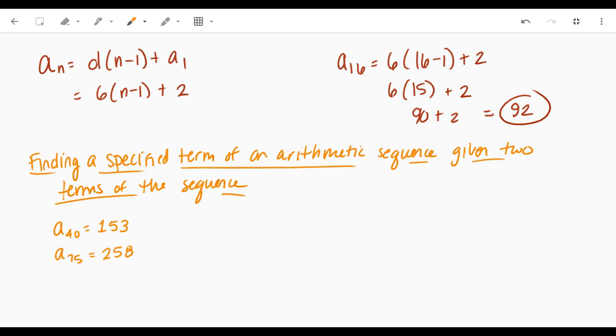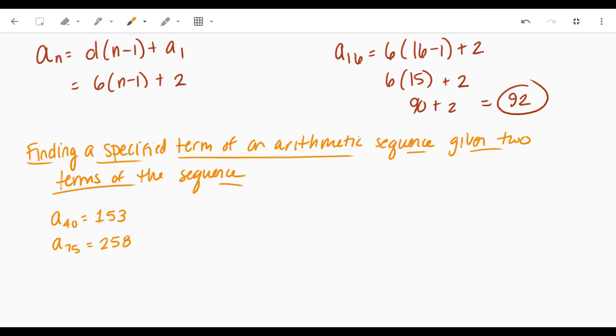Let's see here. We can get the constant difference. Okay. So it's kind of like a slope. So in 35 terms from 40 to 75, we go up 258 minus 153. Okay.